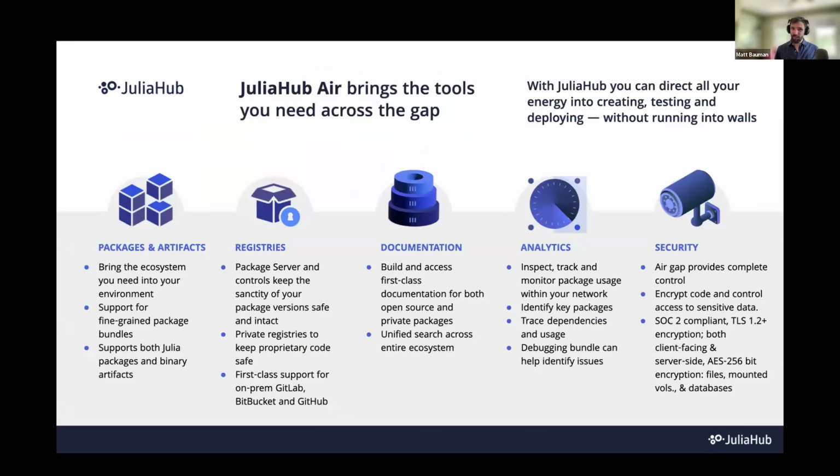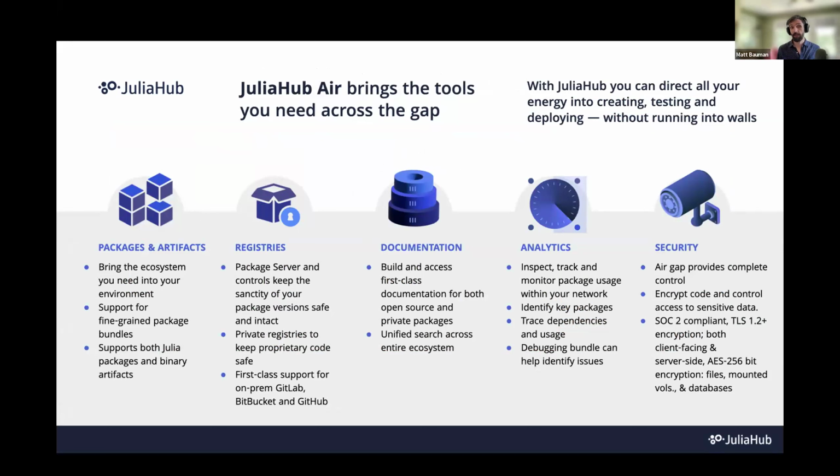The tools that you need in order to do this, right? The key features that JuliaHub has encompasses these five tentpole columns, these five aspects. We have the package ecosystem and the artifact ecosystem from the open source world, right?